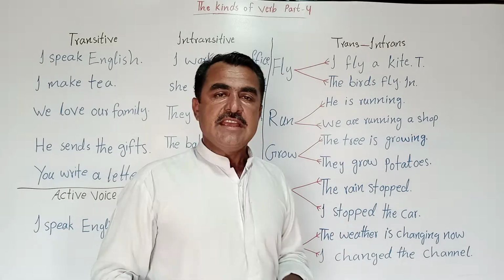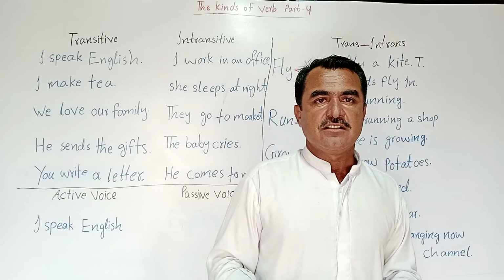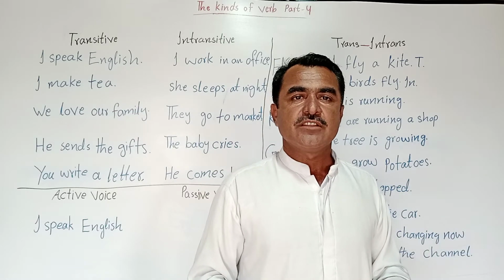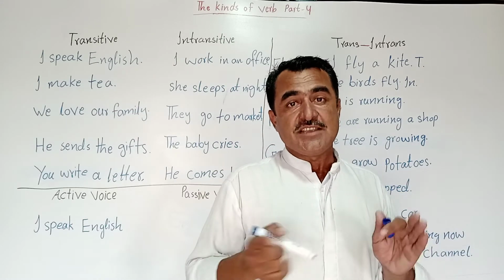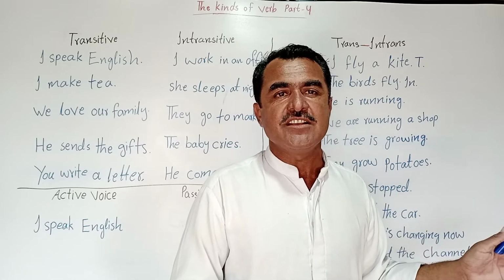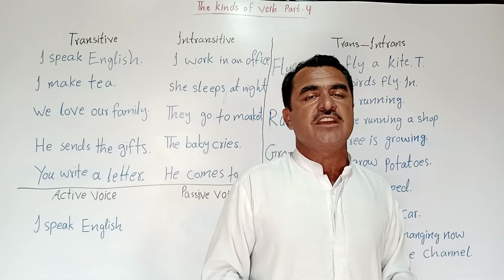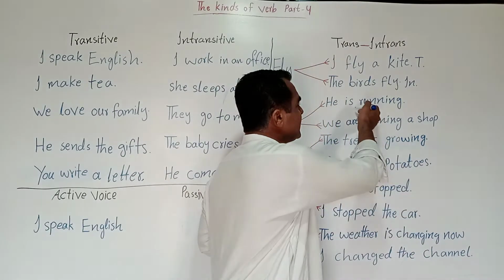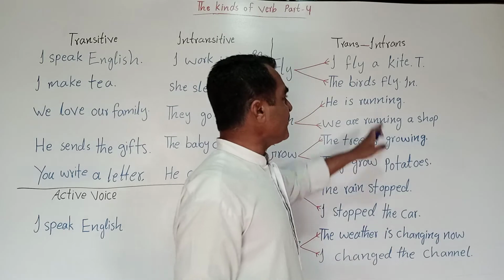He is running. He is running what? He is running who? No. The question could be where is he running? Where is an adverb. It's not a noun, so it cannot be an object, and the sentence is complete in itself.